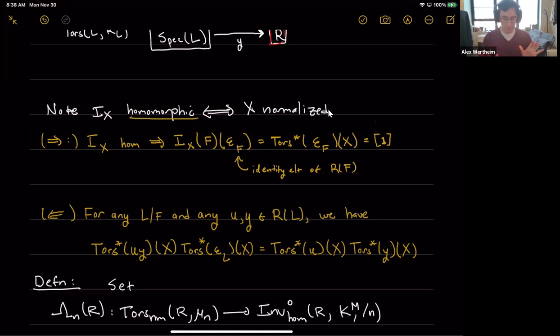And so it's this strange, almost multiplicativity relation, which is satisfied for all torsors. And for torsors which are normalized, this pullback of X along epsilon L is trivial. And so we get an honest multiplicativity relation, which shows us that Ix is homomorphic in the case that X is normalized.